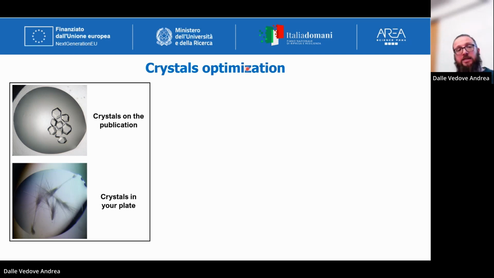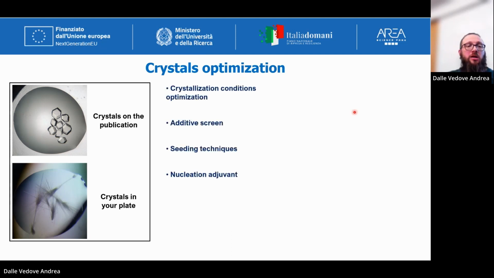There are, of course, techniques to switch from ugly and unusable crystals, because for single crystal diffraction experiments, we need crystals that are big enough and of high enough quality to yield a good data set. But we can, of course, optimize. We have different possibilities. The easiest ones are tweaking the crystallization condition or doing an additive screen.